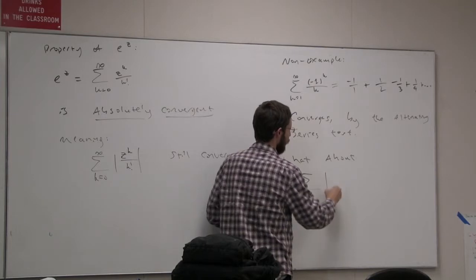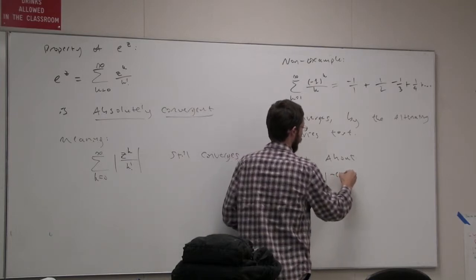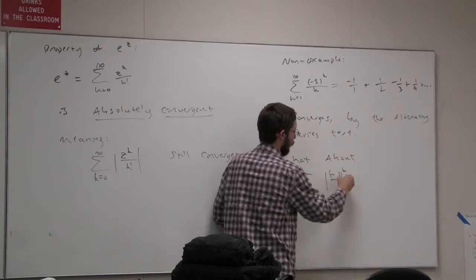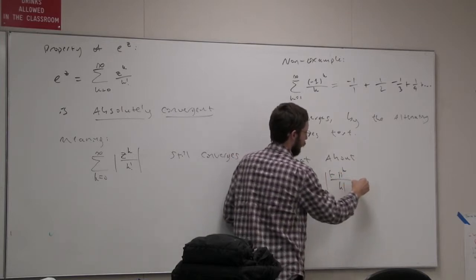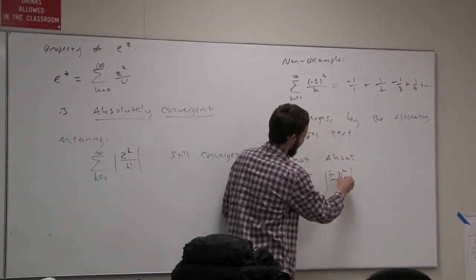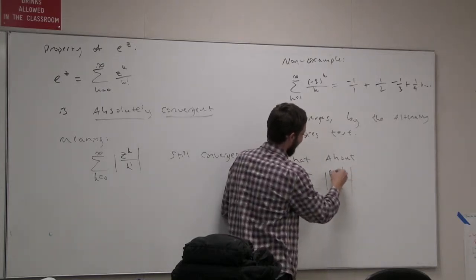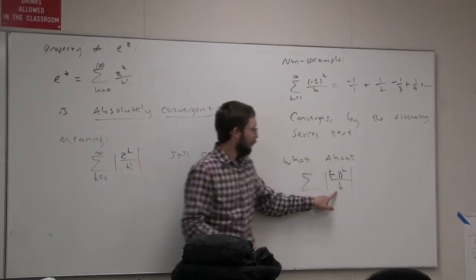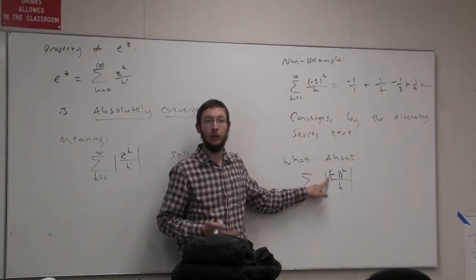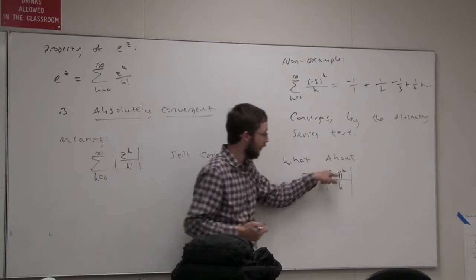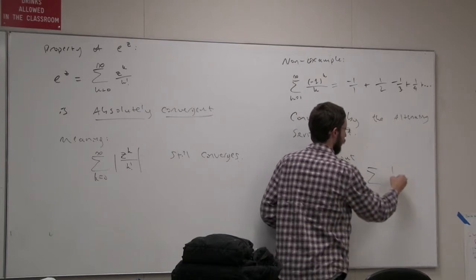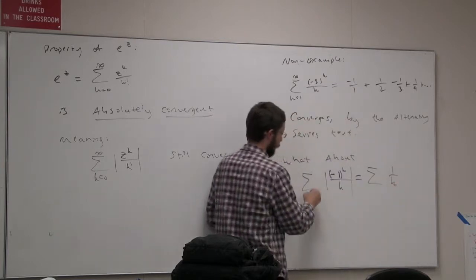So what if we took the absolute value of -1 to the k over k? Took a lot to get that thing written. Okay. So, the absolute value of -1 to the k is just going to be 1, right? So this negative term essentially just drops out of the picture to give us the sum of just these values, 1 over k.